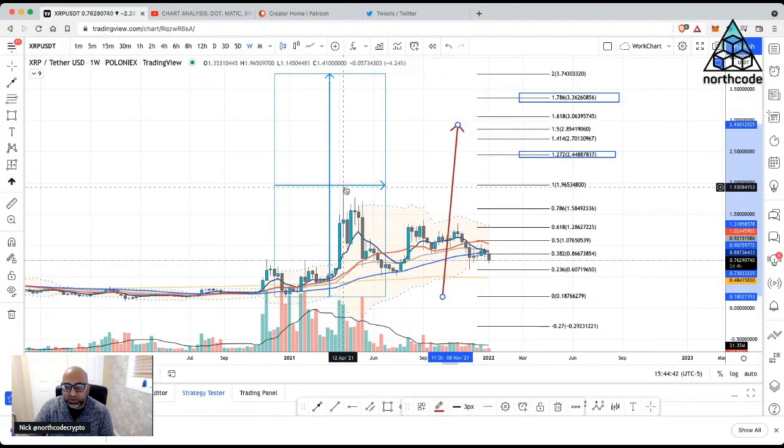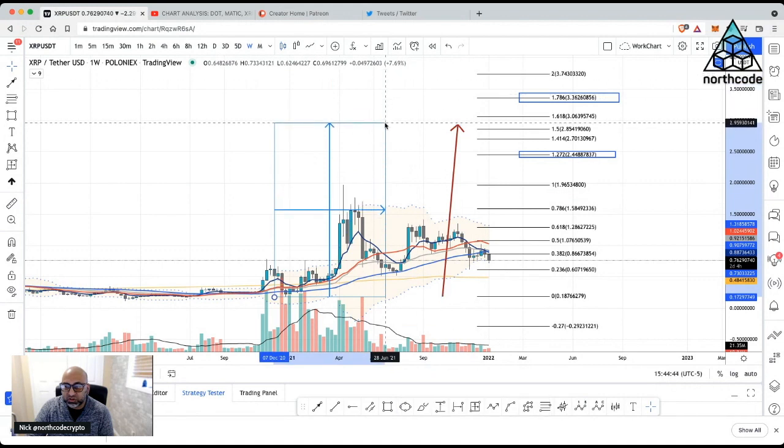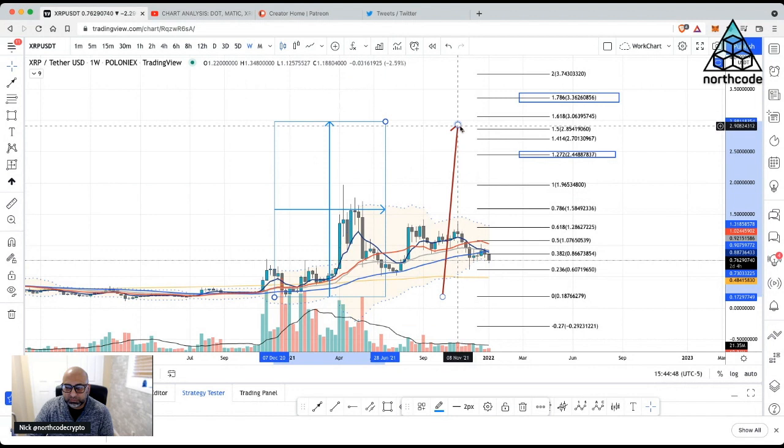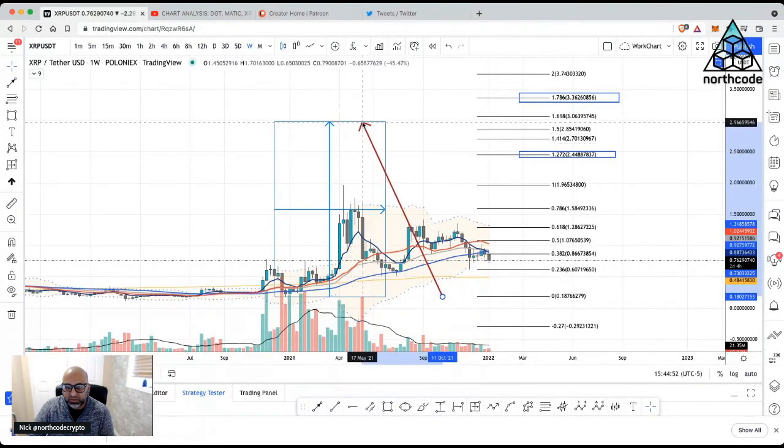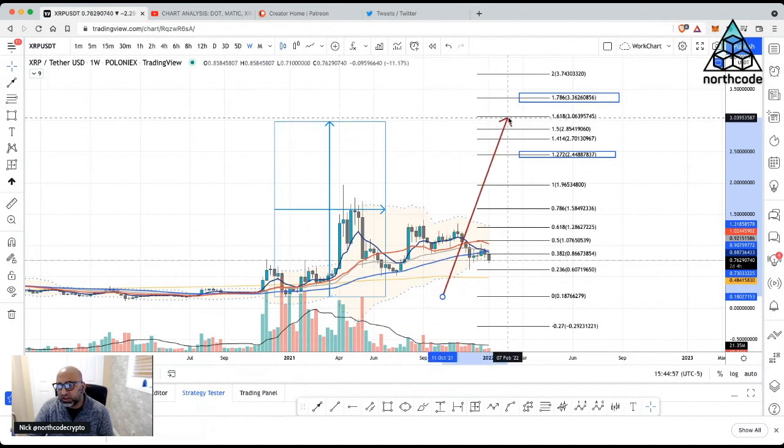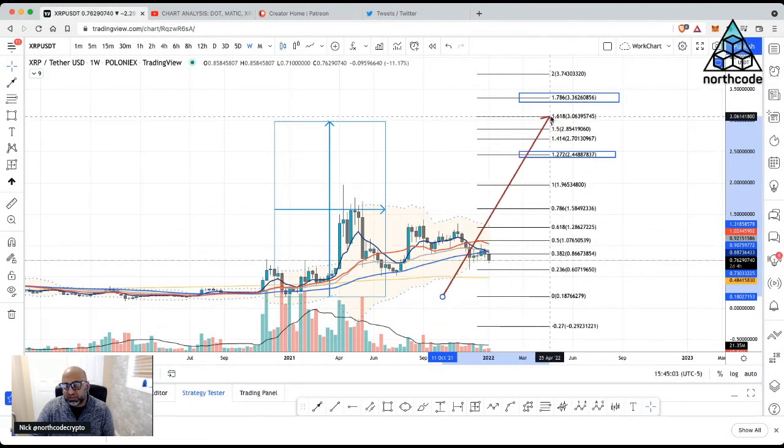Now, I'm using this top wick here, but if I were to be a lot more conservative, this is where things get really, really interesting, because you can see that using that same anchored low, but I use the candle top body here, price action actually gets us right in that pocket range, just below $3. And $3, when you think about it, is a very key psychological level, and it conveniently sits in confluence with the golden ratio at 1.618.